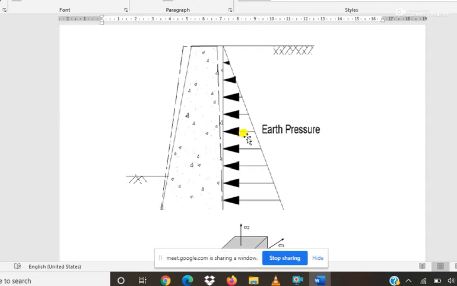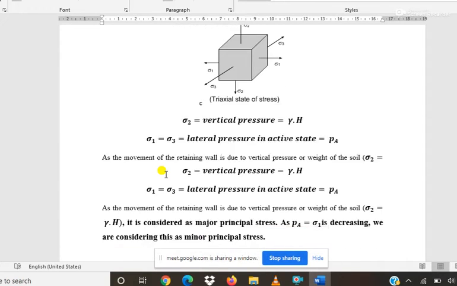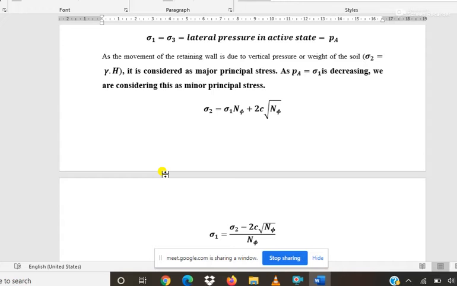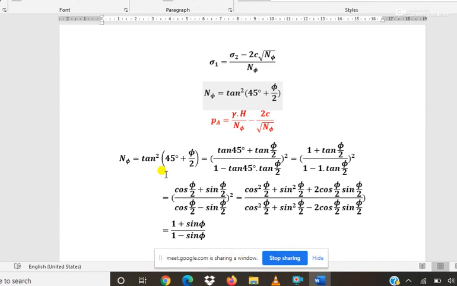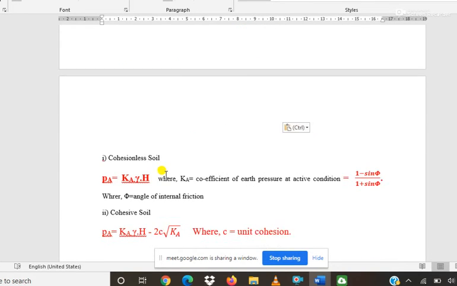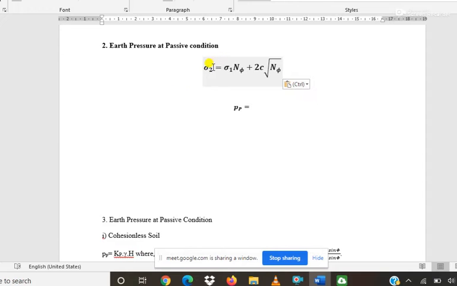But when the movement is increasing, the passive earth pressure will also increase. That's why in this case passive earth pressure PP will be considered as major principal stress sigma 2.